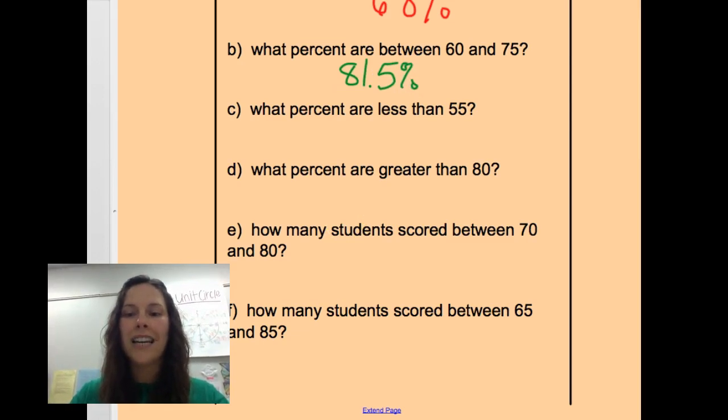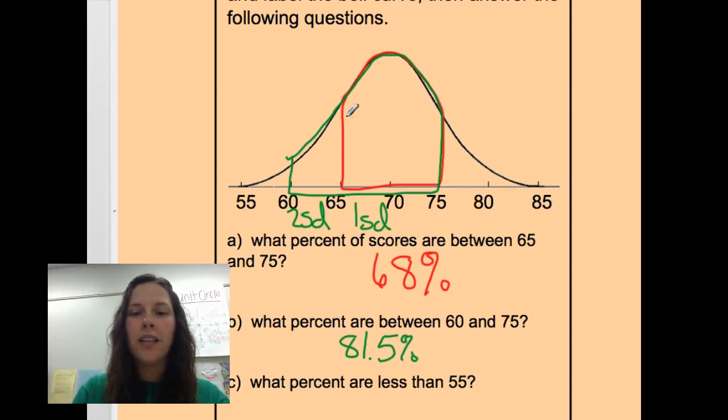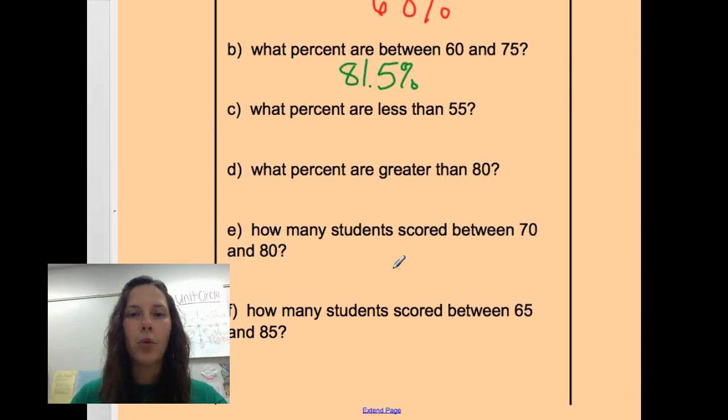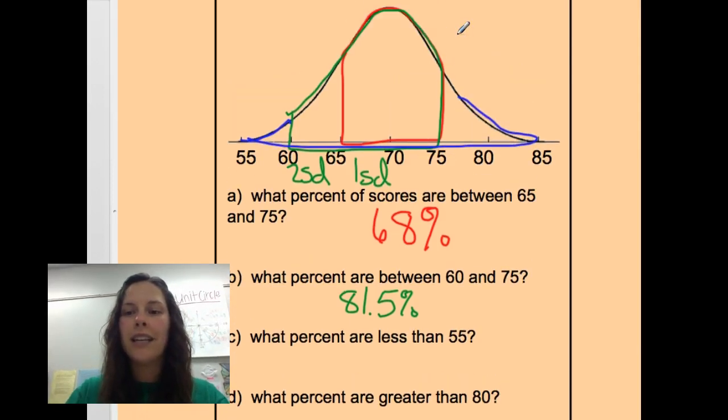All right, couple more. What percent are less than 55? So if we look at 55, this is 3 standard deviations below the mean. This goes to our 68, 95, 99.7 rule. 99.7% of the data is within 3 standard deviations. So from 55 to 85, 3 standard deviations away from the mean, that includes 99.7% of the data.